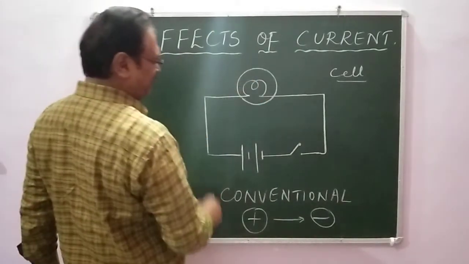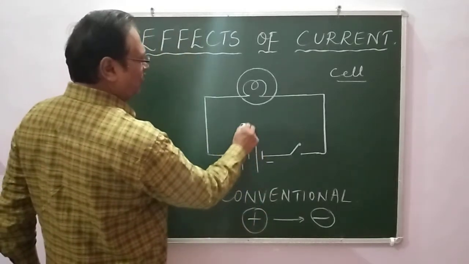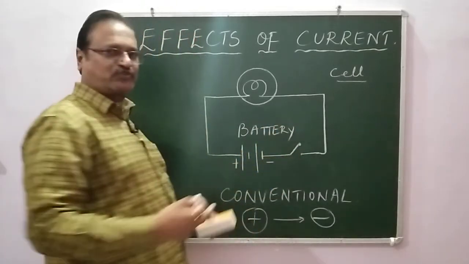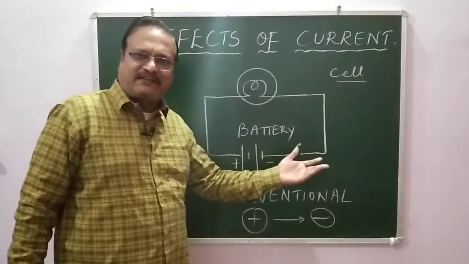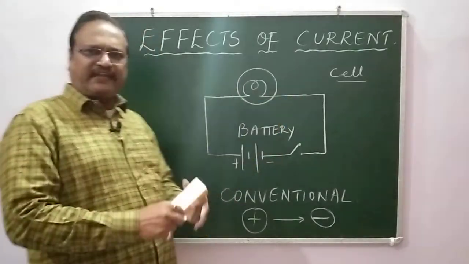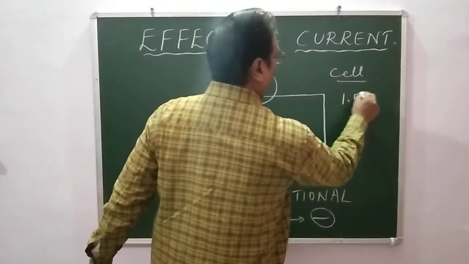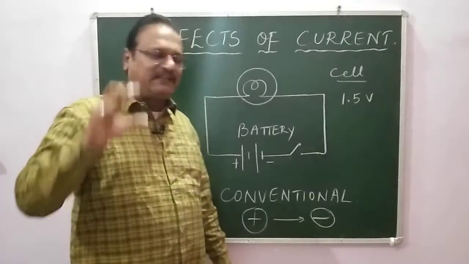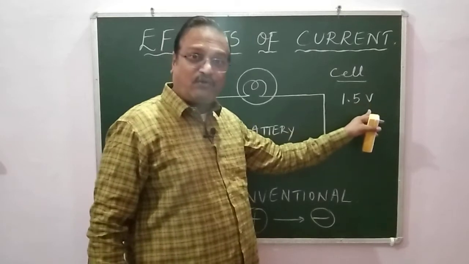I have a bulb here, and this is the positive terminal and the negative terminal, and this is called a battery. A battery is a group of cells. When I have more than one cell, two cells, three cells, then it becomes a battery. It gives more energy. If I take a cell of 1.5 volt, your ordinary pencil cell, torch cell, you will see it is written 1.5 volt.